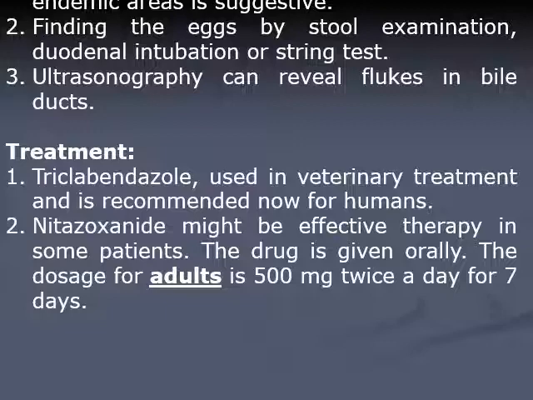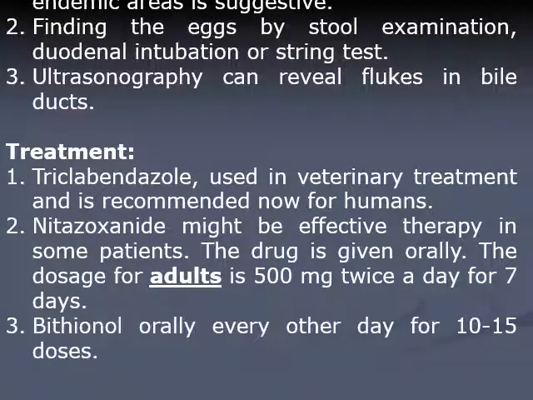This drug is given for other parasitic infections, intestinal parasites, but it is found to be effective in case of fasciolasis. It is given orally, and the dose for adults is 500 milligrams twice daily for 7 days.